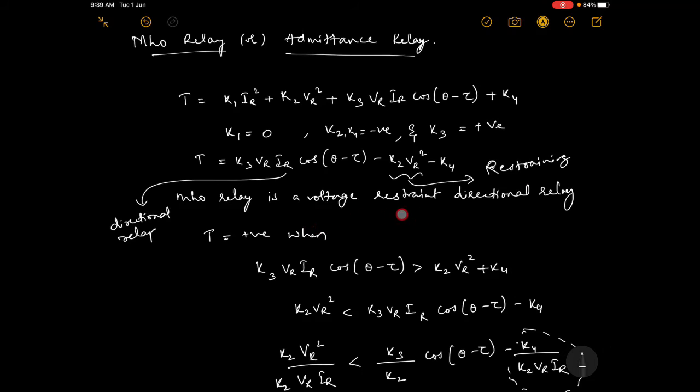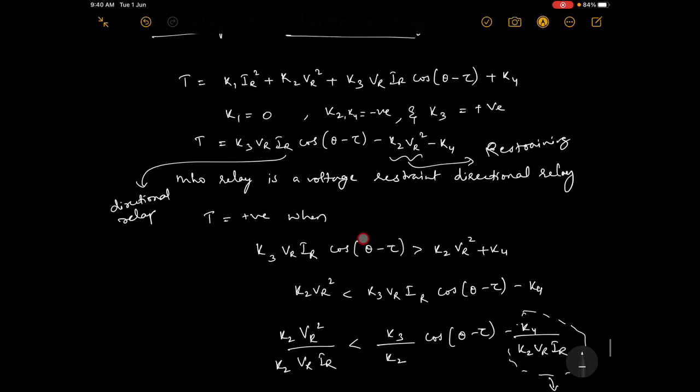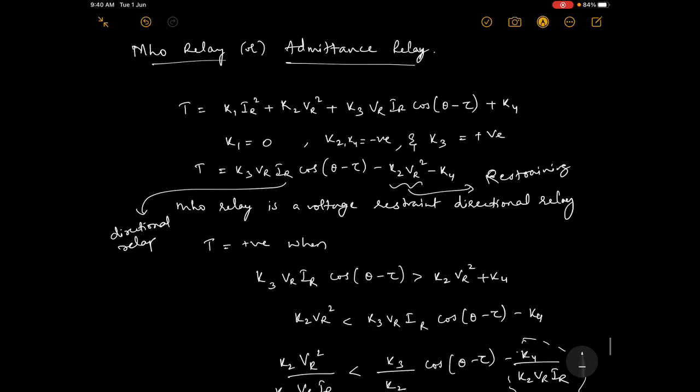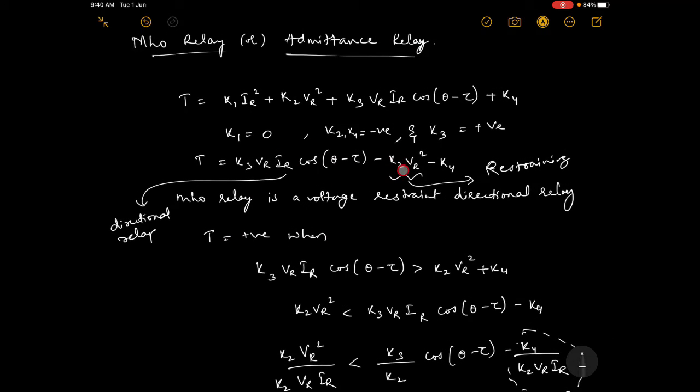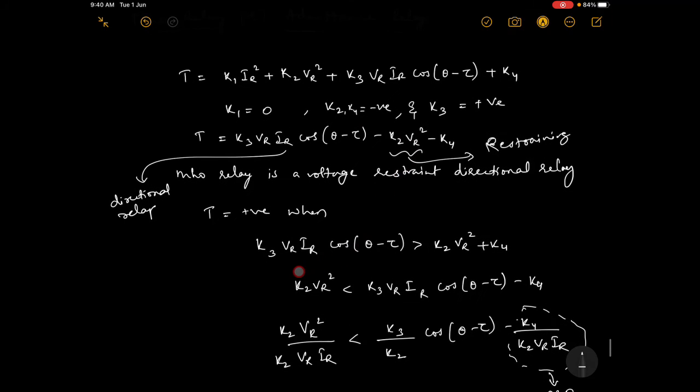So the Moore relay is nothing but a voltage restraint directional relay. It is a directional relay basically, but you have some restraints here. There was no restraint, no limitation before. Now you are limiting it by some term. The directional relay is only this much; for that we are adding some restraining term.